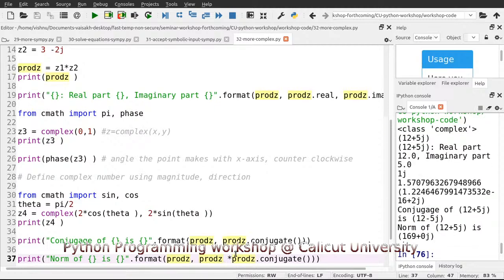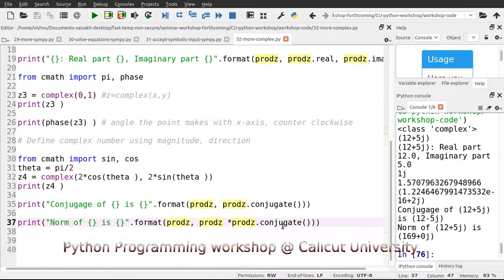Since the norm is real, you need to just take the real part and put brackets properly, because the imaginary part is 0, but even then it will be printed.